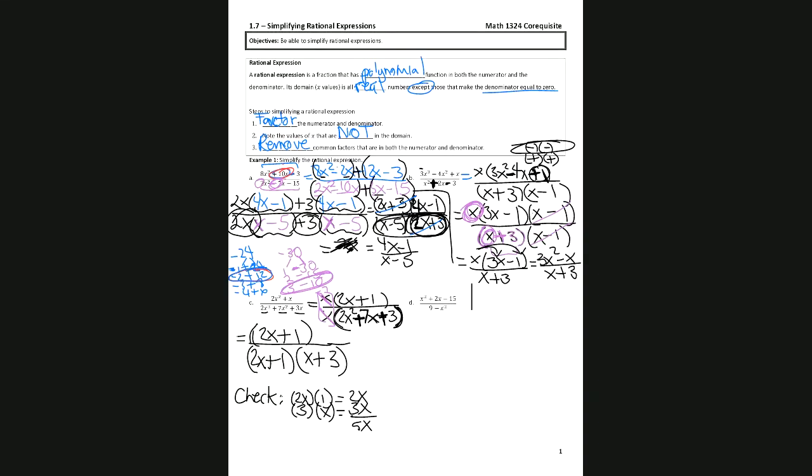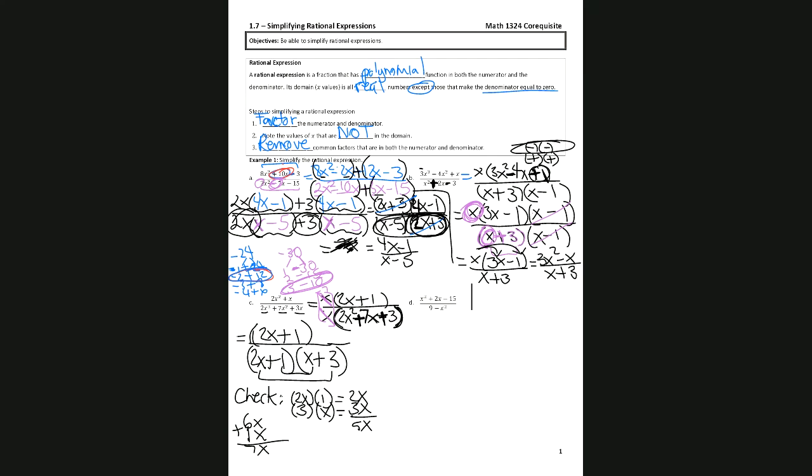Now let's check those two factors. 2x times 3 will give me 6x. 1 times x will give me x. If I add them, they're both positive, so that will give me 7x, which is the term that we were looking for. So now that tells me we do have the correct factors.